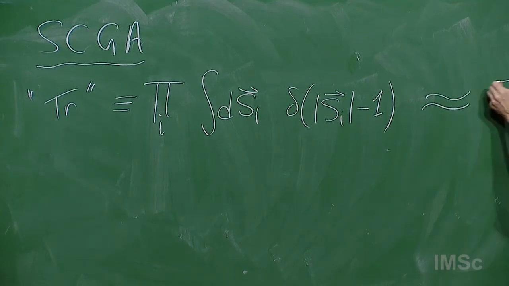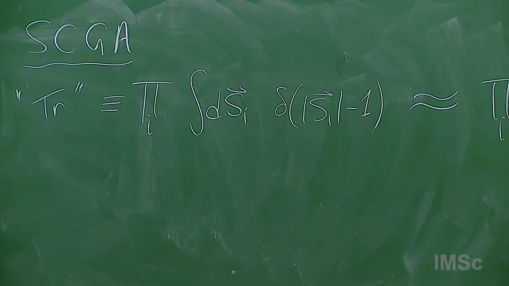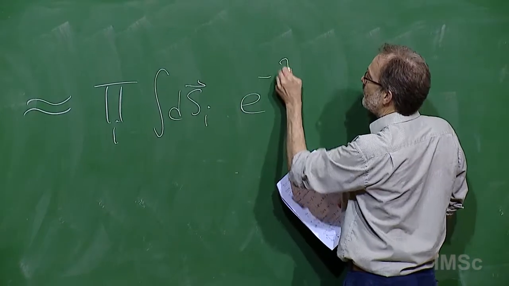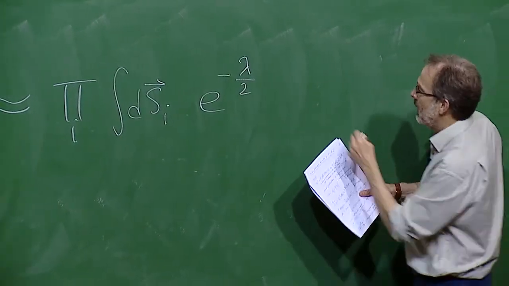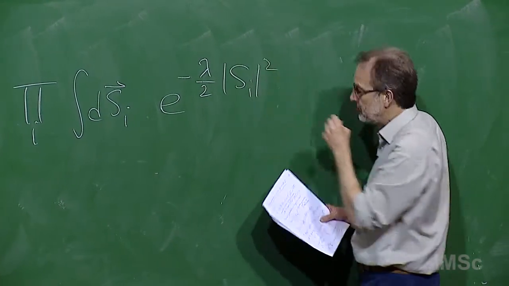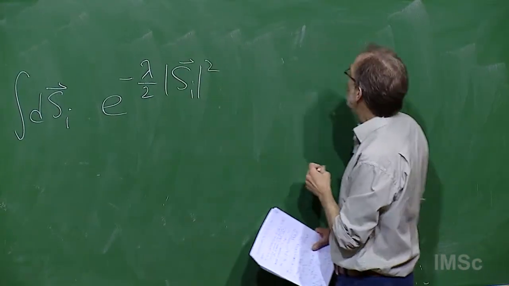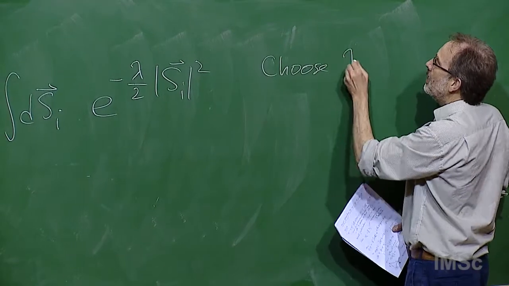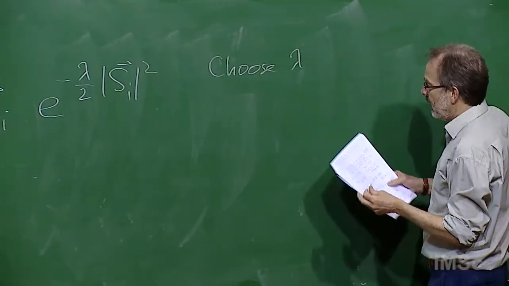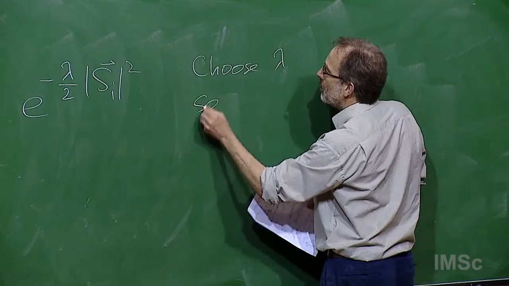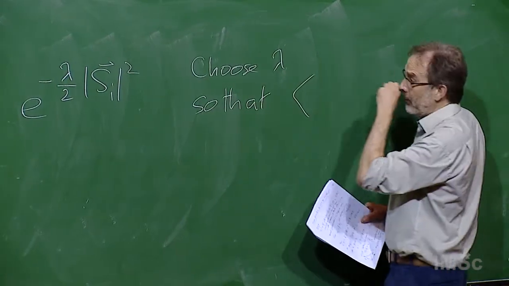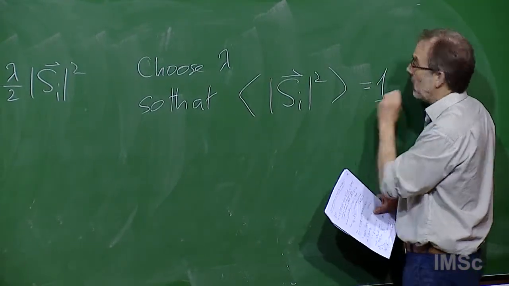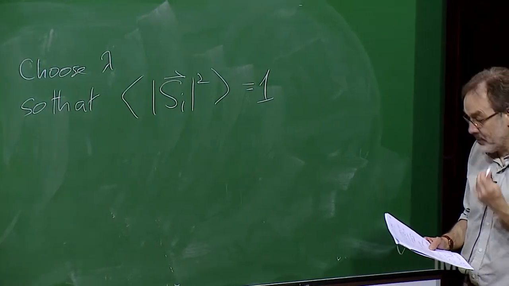What we say we'll do instead for our trace operation is an integral over spin orientations, but now we just put in a Gaussian factor, which I'm going to write with a coefficient lambda over 2. And then this is the self-consistent bit. We choose the Lagrange multiplier here so that when we evaluate using this approximation the square of the spin length, we get 1, as we ought to if we impose the constraint exactly.